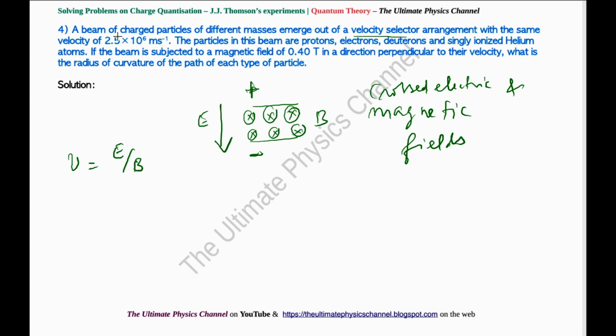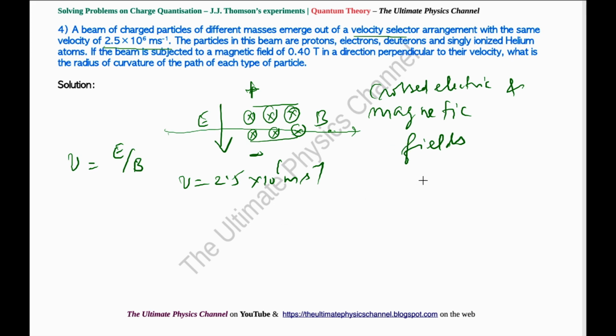A beam of charged particles is passing through this section of the apparatus, and the velocity when they emerge on the right side is 2.5 into 10 power 6 meters per second. The particles in the beam are protons, electrons, deuterons, and singly ionized helium atoms.